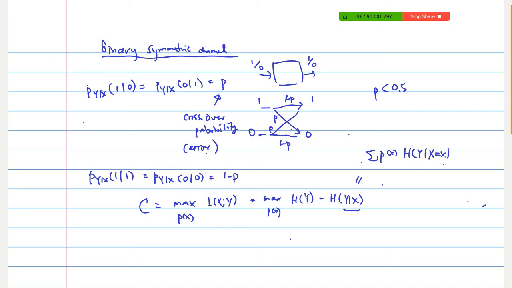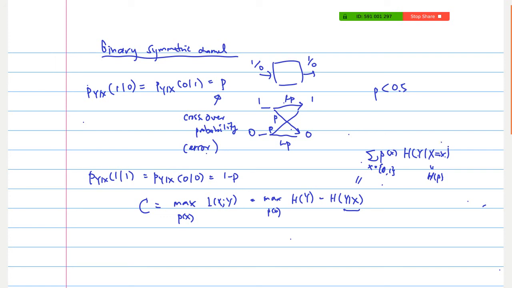No matter what small x you give in, because it's symmetric, whether x is equal to 1 or 0, H(Y given X) is still equal to what? Something equal to H(p), right?